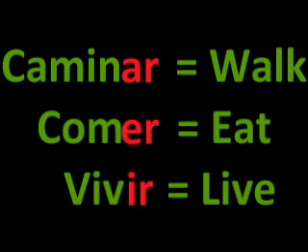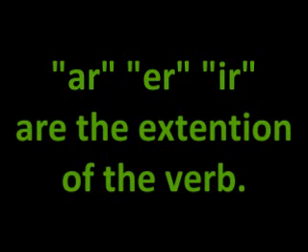All the verbs in Spanish finish with the combination of letters ar, er, or ir. For example, caminar, comer, vivir. We note that all those are verbs by the way they finish. I'm going to call those two letters the extension of the verb.